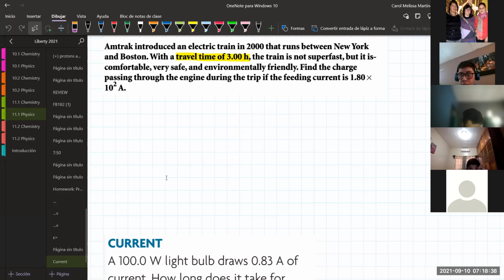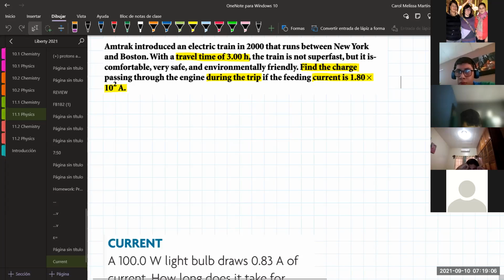Then more characteristics that are not useful for the problem. The problem is telling me that I need to find the charge passing through the engine during the trip, okay? This is telling me the duration, okay? And then they're giving me the current to be 1.8 times 10 to the second power.